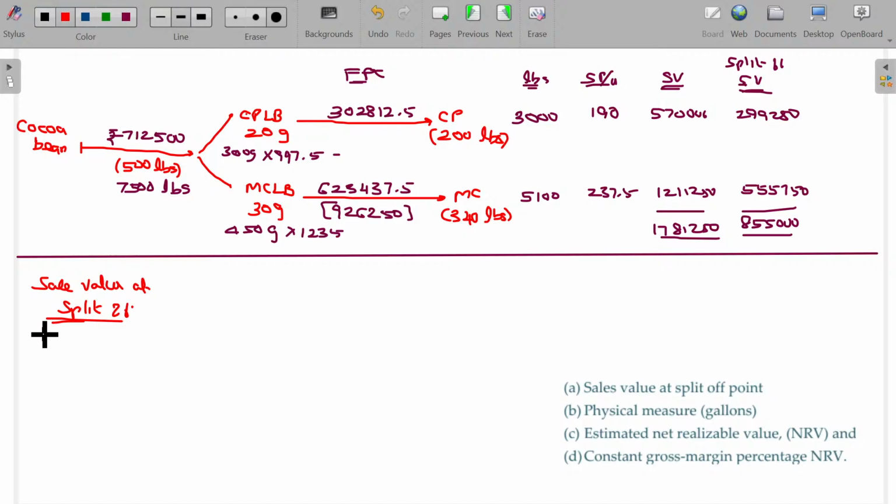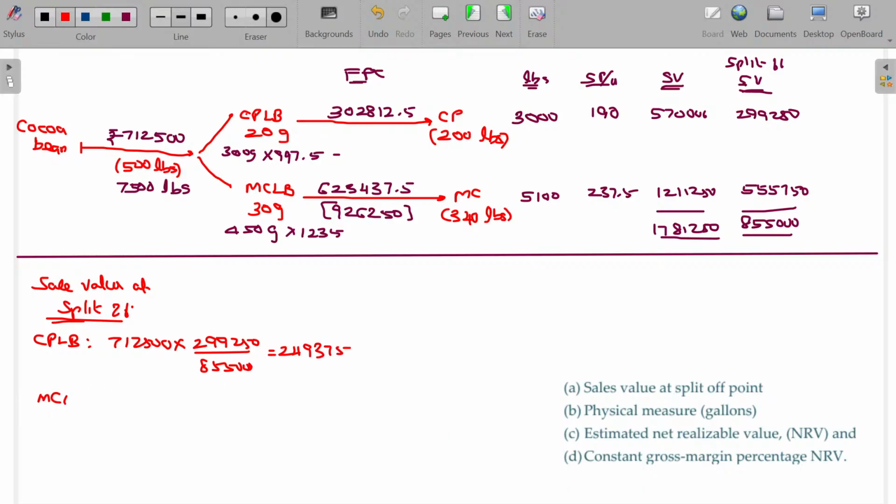For chocolate powder liquor base, 7,12,500 into split off point sales being 2,99,250 divided by 8,55,000. So I have to use this ratio. 2 lakhs 49,375.